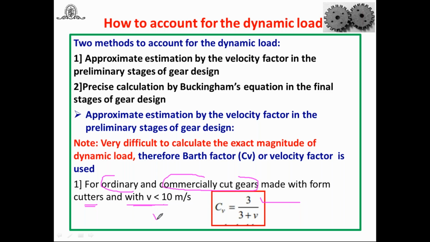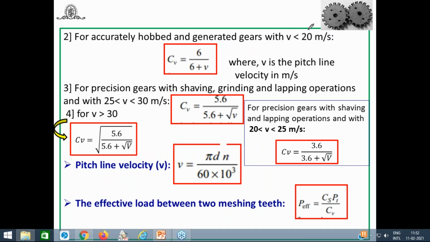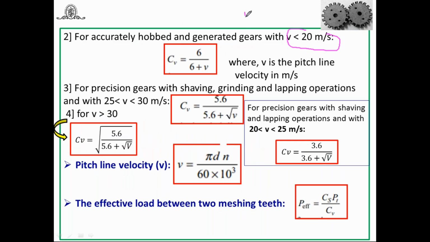Then the question arises: when velocity is greater than 10, which Barth factor should be used? Now let us see which factor you are going to use. When velocity is greater than 10 meter per second and less than 20 meter per second, you have to use the Barth factor CV is equal to 6 upon 6 plus V. Again, V is the pitch line velocity, which is in meter per second.